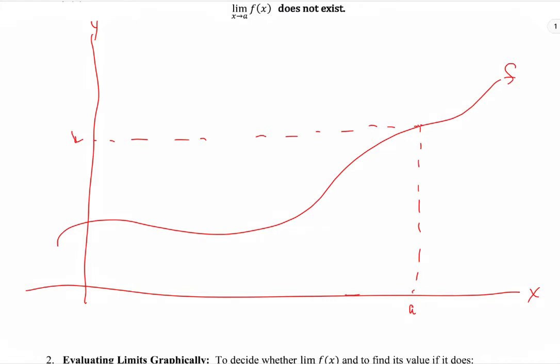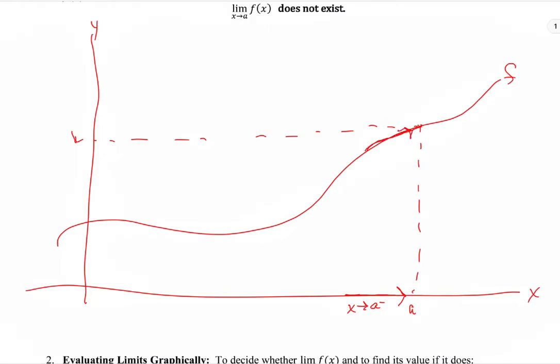So if I'm looking at x approaching a from the left side, then the limit of f goes towards L.